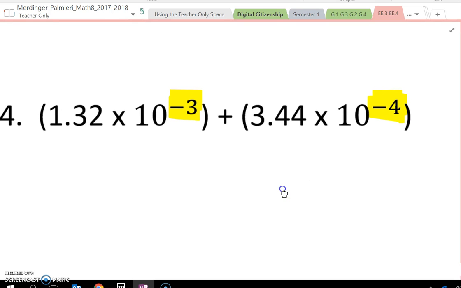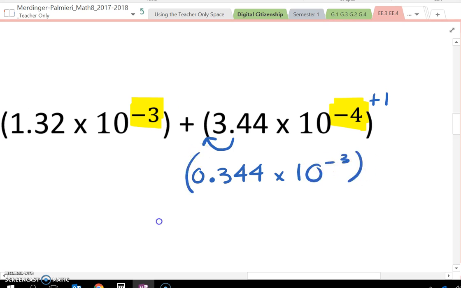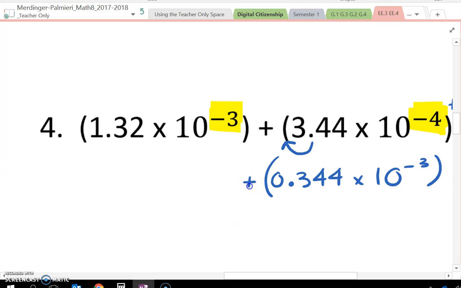In order to do that, I'm going to take the -4 to turn it into -3. I'm going to add 1. So I'm taking this decimal, I'm adding 1 space. So this is 0.344 times 10 to the -3rd power. I'm just going to drop down my first scientific notation. Excuse me while I write kind of backwards to fill that in.